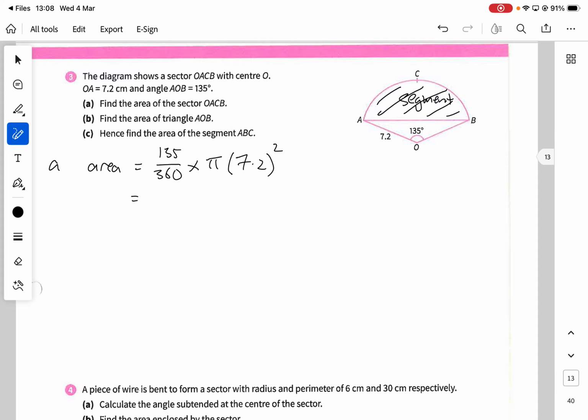Area of triangle AOB, question 3 part B. For area of triangle, there are only two types: half base times height, or half ab sine C. In this case, you don't know the base and the height, but you know both these sides are 7.2 because both sides are the radius. So I can use half ab sine 135.